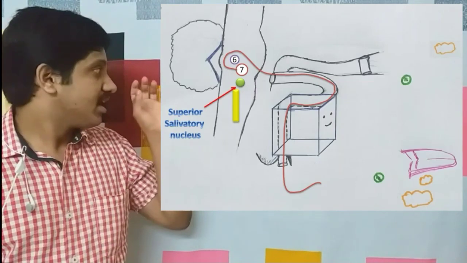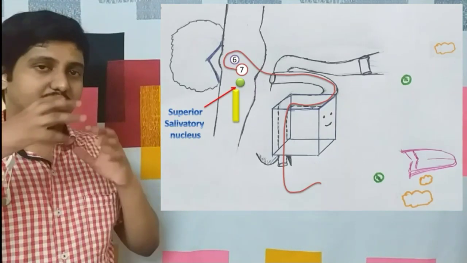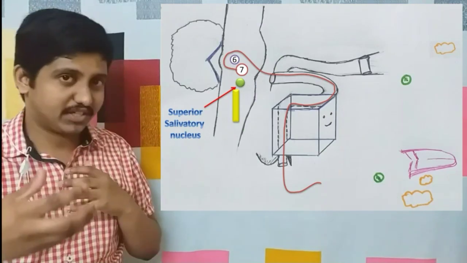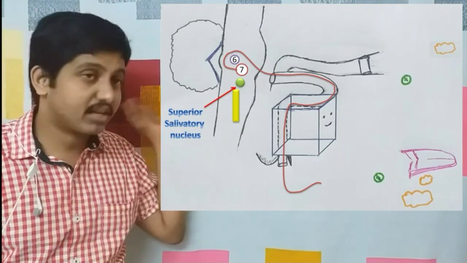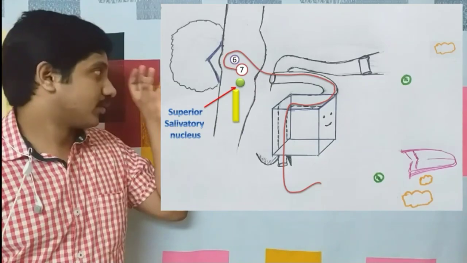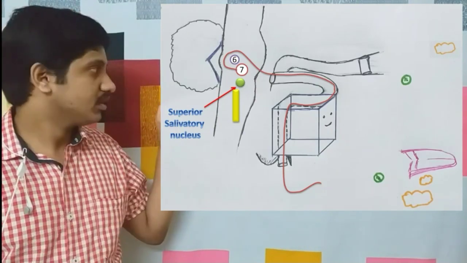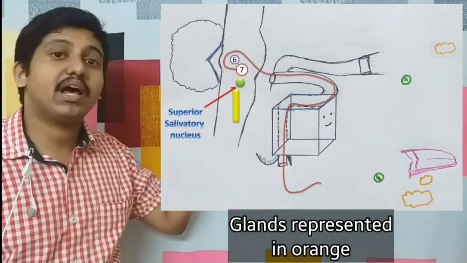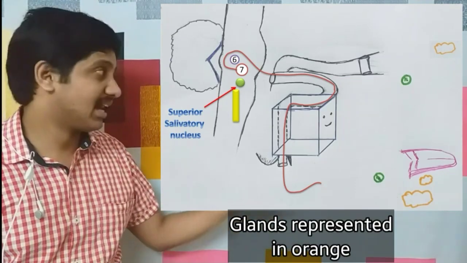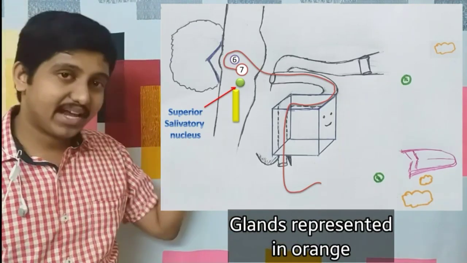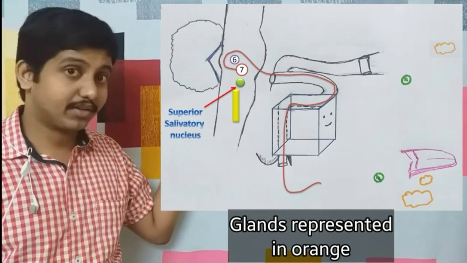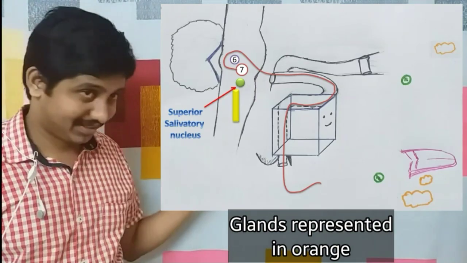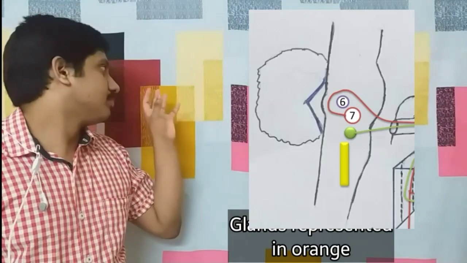The name corresponds to its function. Those parasympathetic fibers innervate the lacrimal glands and also the submandibular and sublingual salivary glands, and hence the name superior salivatory nucleus or lacrimatory salivatory nucleus. They are the parasympathetic nucleus.